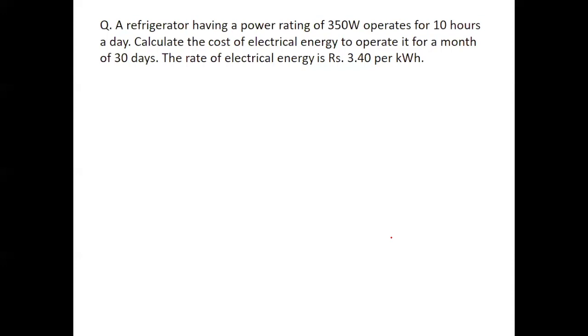Okay, so based on that, we will do some problems. A refrigerator having a power rating of 350 watts operates for 10 hours a day. Calculate the cost of electric energy consumed for a month of 30 days. The rate of electric energy is 3.40 per kilowatt hour. Okay, so we know that E is P into T, where P is 350 watt and T is 10 hours.